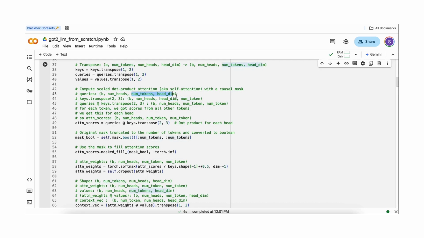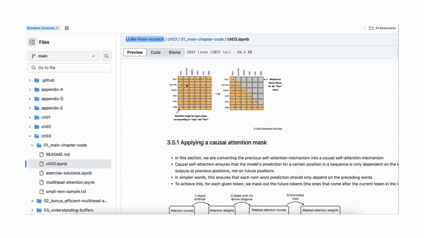Just from the laws of matrix multiplication, we get num tokens by num tokens. Just to be clear, the attention scores are basically this matrix here. We have the number of rows and the number of columns equal to the number of tokens. So for each token, we are saying what is the weight we want to give to each of the values for the other tokens.